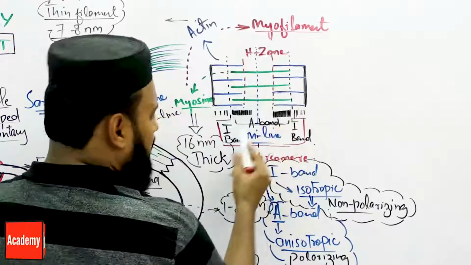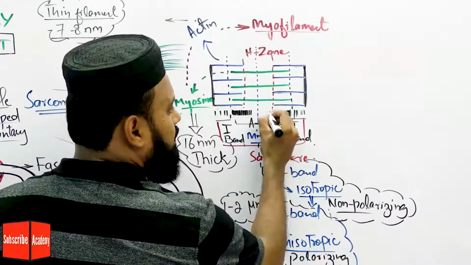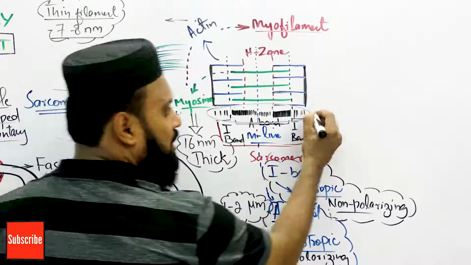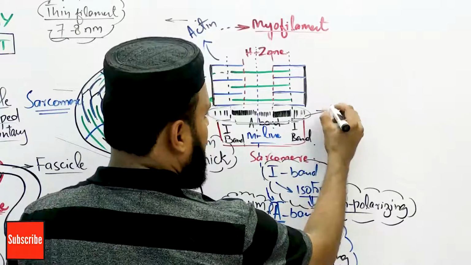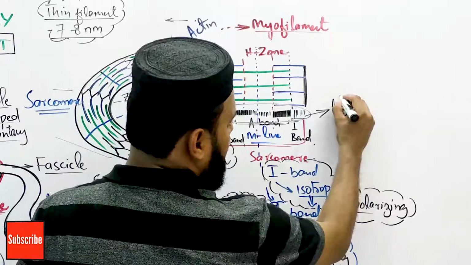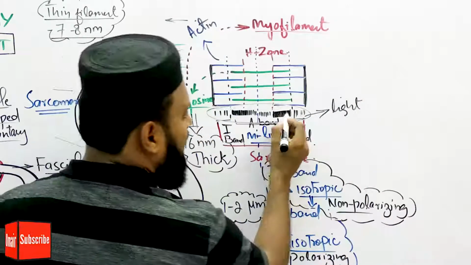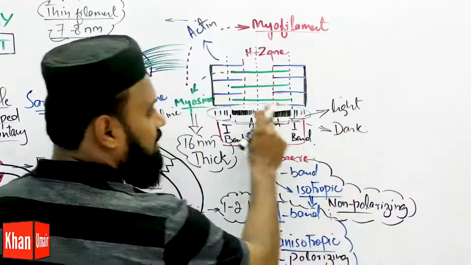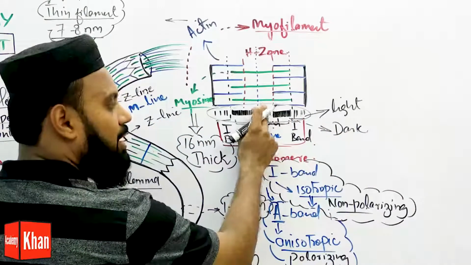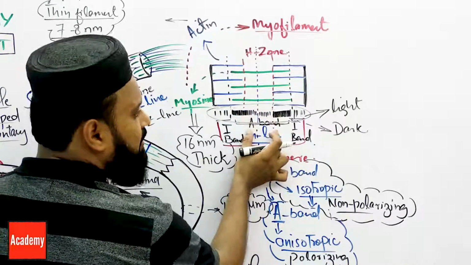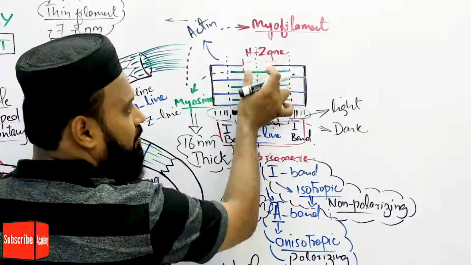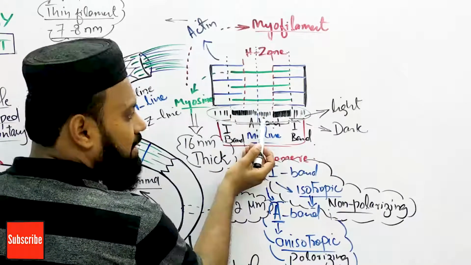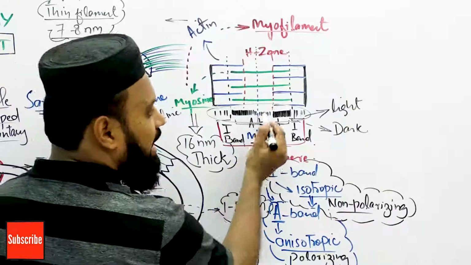At the H zone there is also a lighter part where these lines are separated, which shows the light part which is the I band, and after that a closed line shows the dark band, meaning the myosin and actin fibril are both here, but in between these things there is the H zone which only describes the myofibril in green color and widely separated, so it is light again.